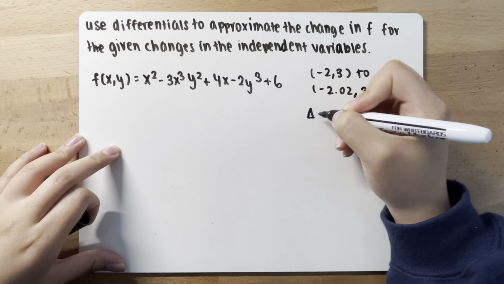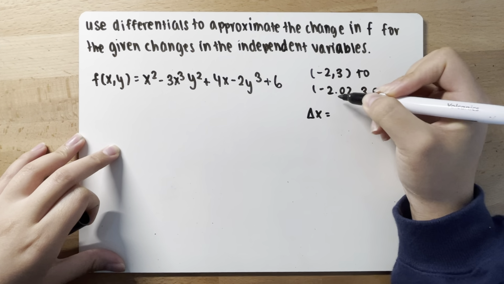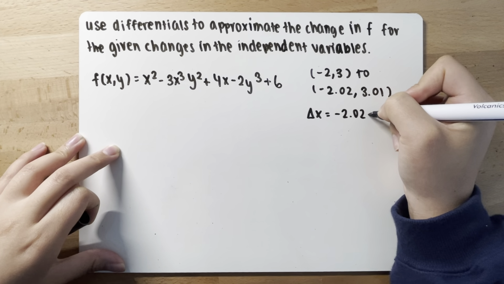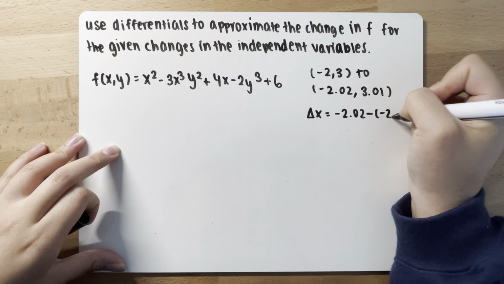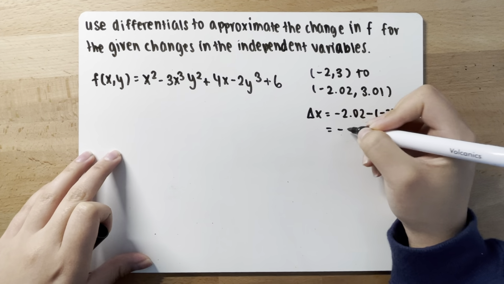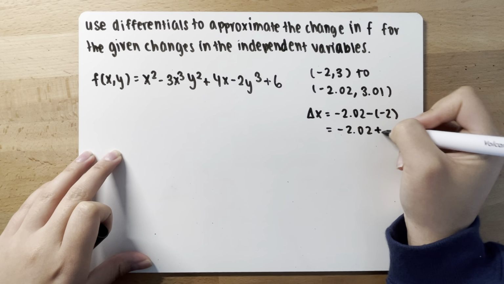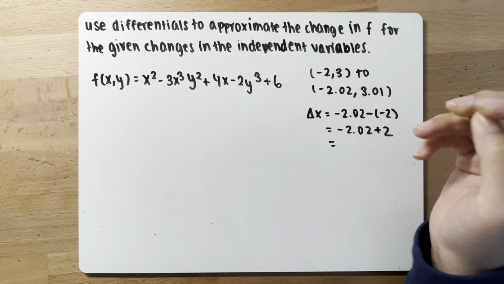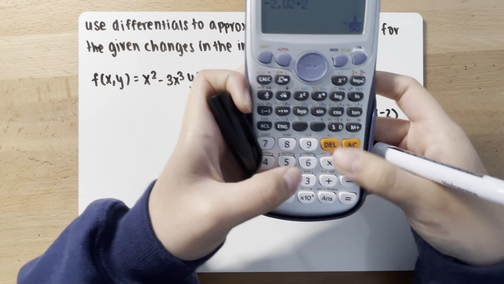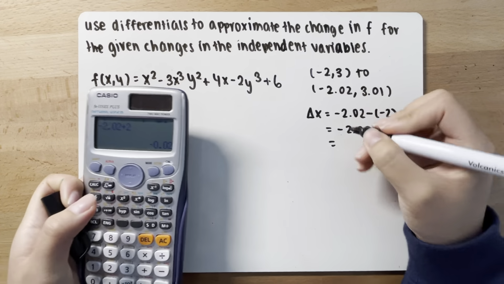So you do change in x, and you're going to do -2.02 minus -2, which is the same as -2.02 plus 2. Put that in a calculator, you get -0.02.